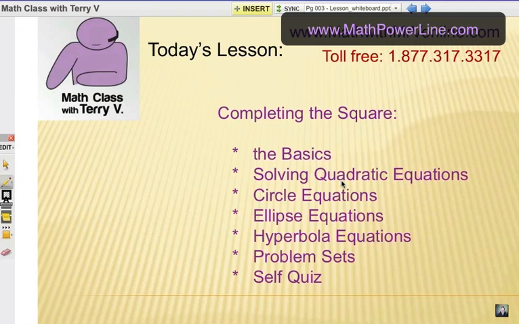Then we'll get into how you use it when you're solving quadratic or second degree equations, and sometimes you have to rewrite equations in the form of a circle, an ellipse, or a hyperbola, or maybe just do some practice problem sets and take a self-quiz. So look for those problem sets where you can practice some of the things I'm going to show you. And at the end, there are going to be one or two self-quizzes to test yourself and see how you did.